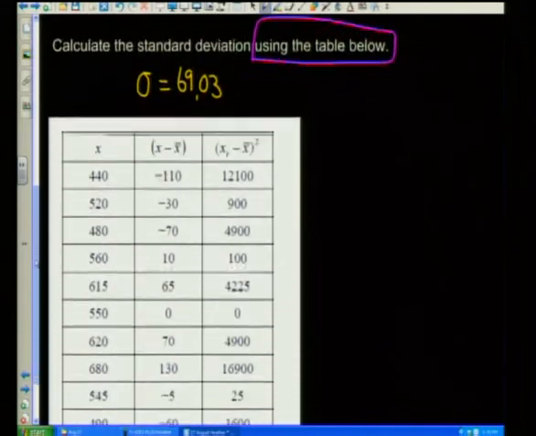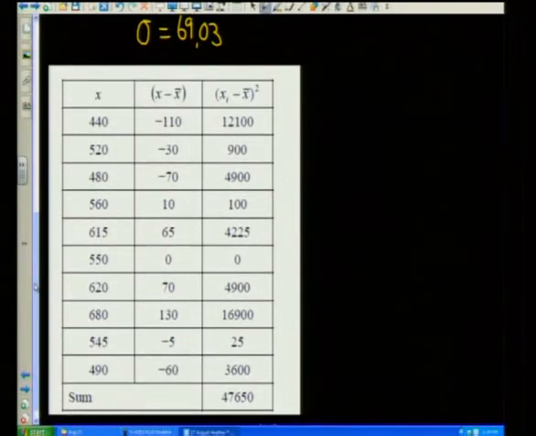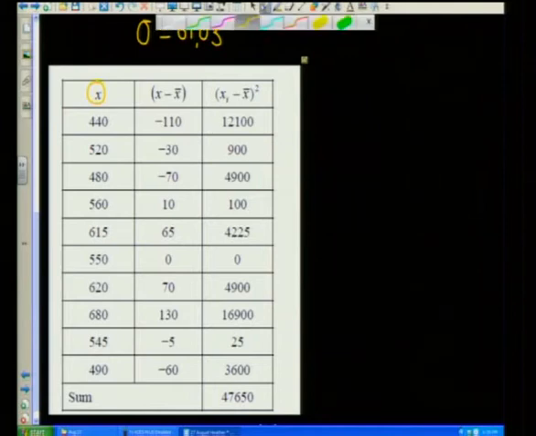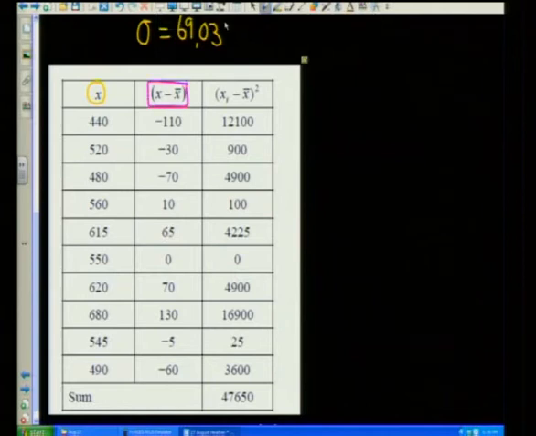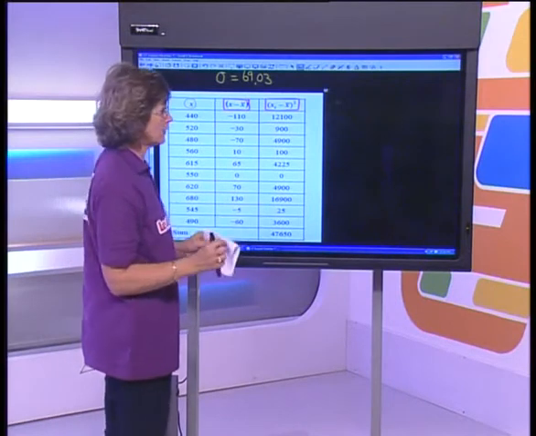Now, I did say that I was going to take the liberty of having done some of this for you. So they would give you the x's with all of the x data. They would give you the heading of x minus the mean, and the heading of x minus the mean squared. And you would have to fill this all in, and it is terribly tedious, and you have to just rely on your calculator.